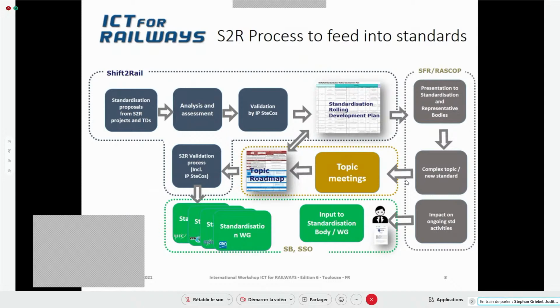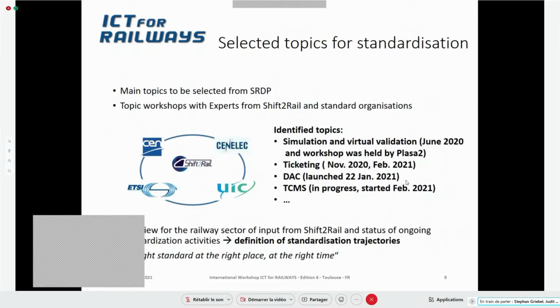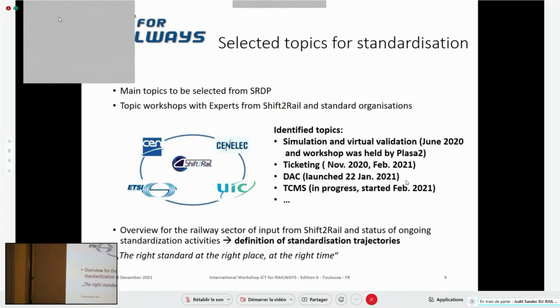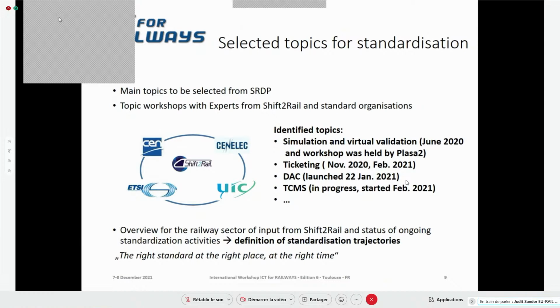If you go to the next slide, you will see that there were already some workshops organized. Some of them were launched by the joint undertaking, but others, like the one on ticketing on the slide, were launched by the CENELEC working groups in order to have a coordinated approach.